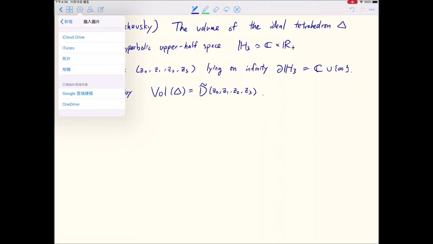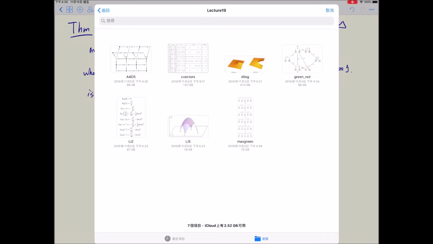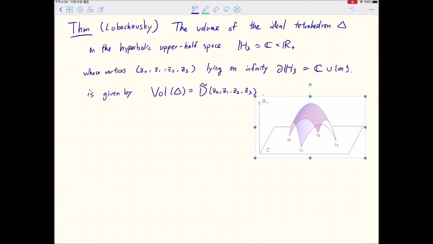So we have this diagram here. A typical diagram looks like this. You have an upper half space, so it's a complex plane times the upper axis. Then a tetrahedron is defined by 4 points on the boundary. Here I labeled them C0, C1, C2, C3.